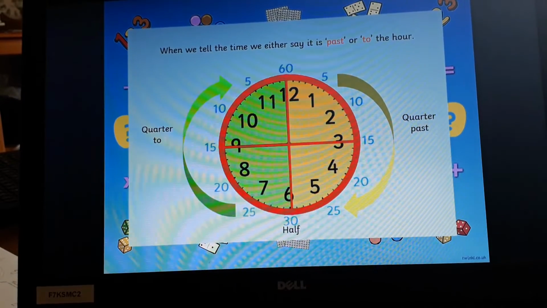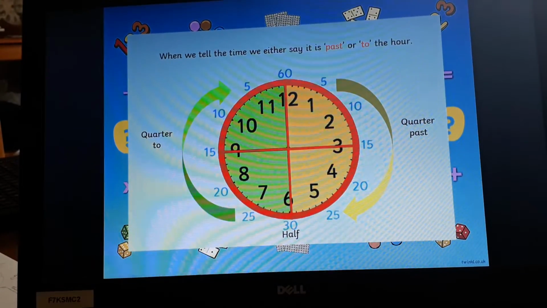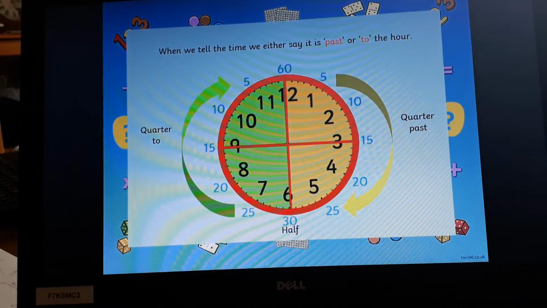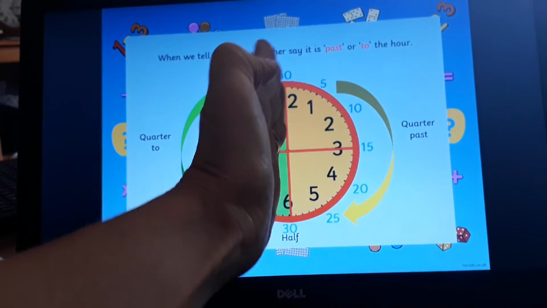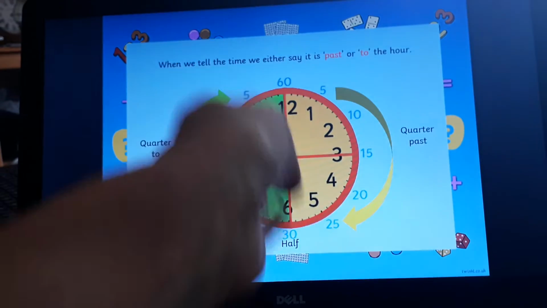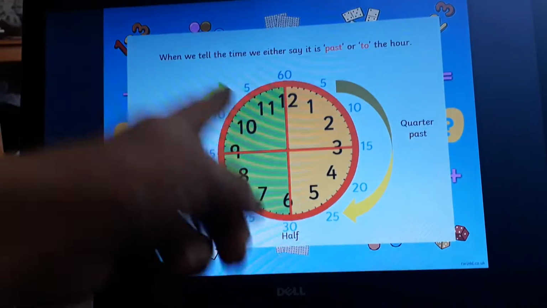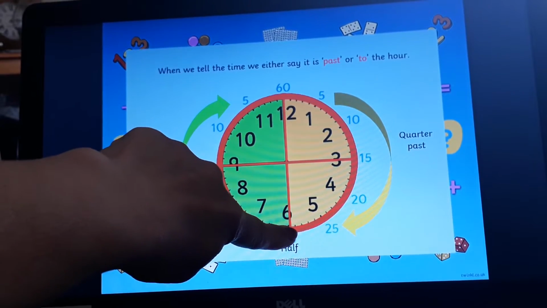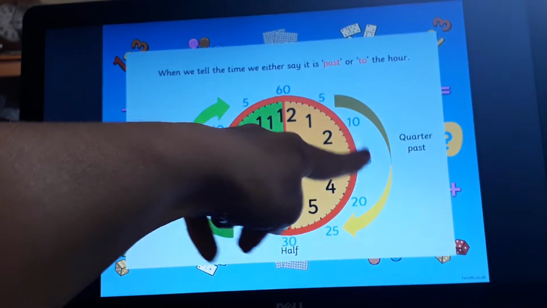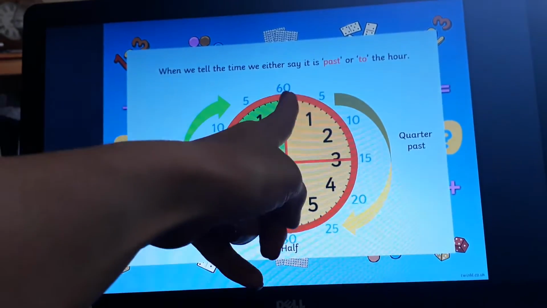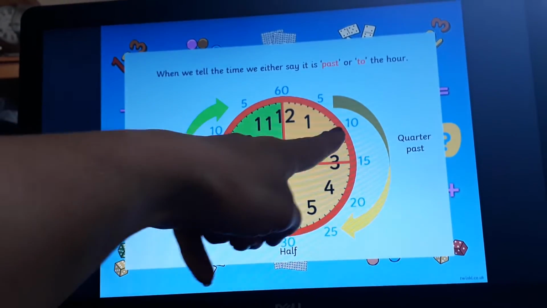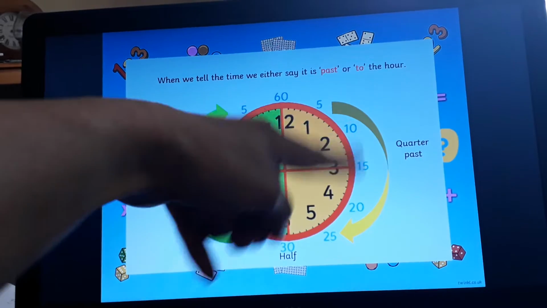Now, when we read the time as well, sometimes when we say the time, we can say it differently. So we can say it's past the hour or it's to the hour. So everything from 12 to the number 6 on the clock is past. So it's either 1/4 or 1/2, or it could be 10 minutes past something.